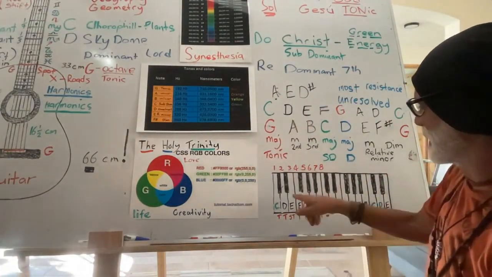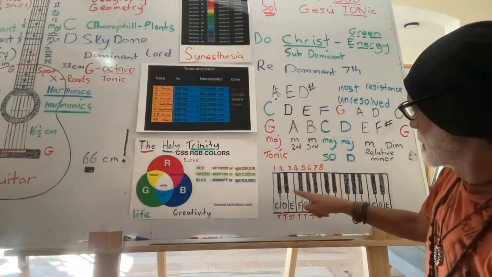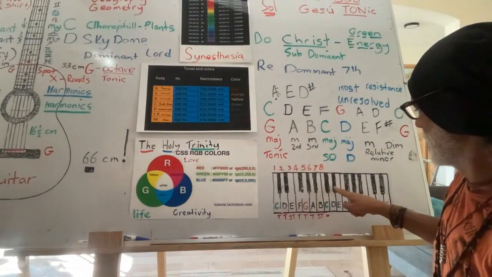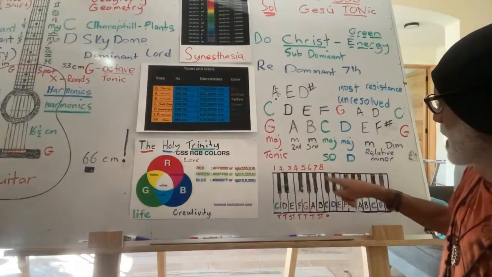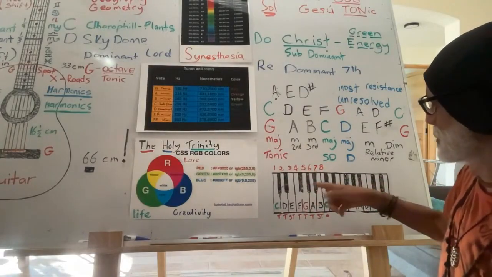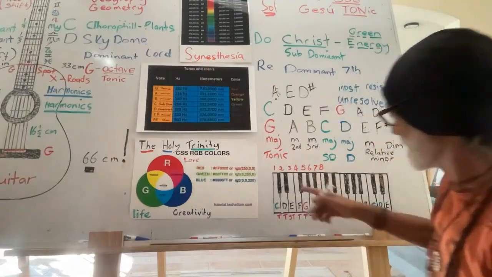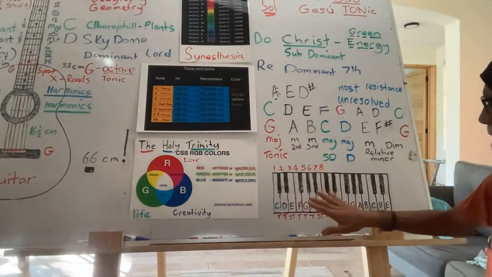On a piano, it's difficult because you've got to go tone, tone, semitone, tone, tone, tone, semitone. So you have to go to these black ones, which are a nuisance, really. To me, this is a weird but logical setup.